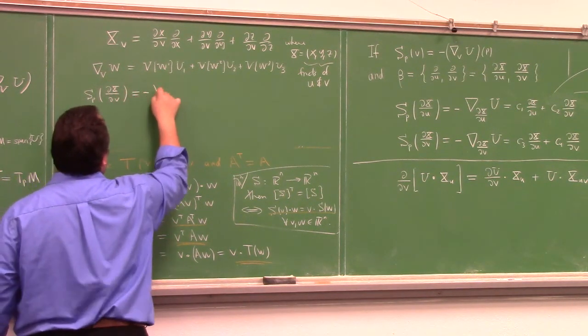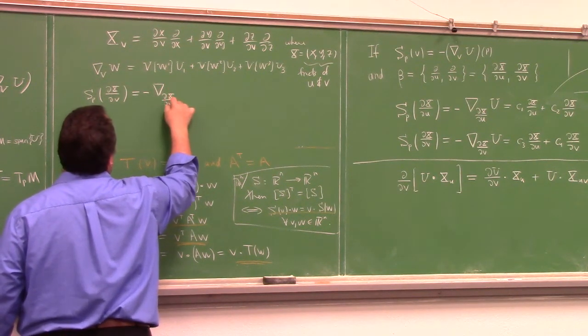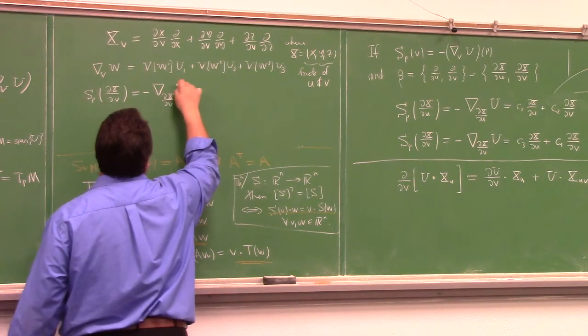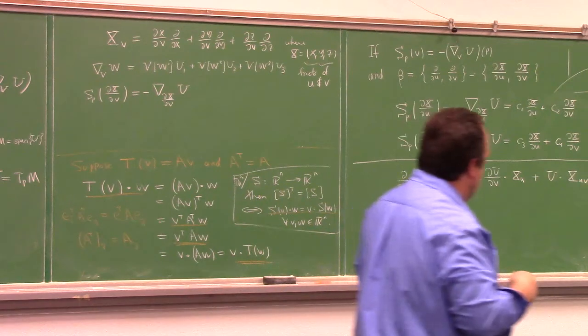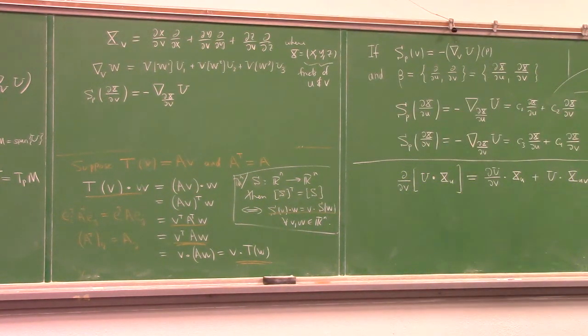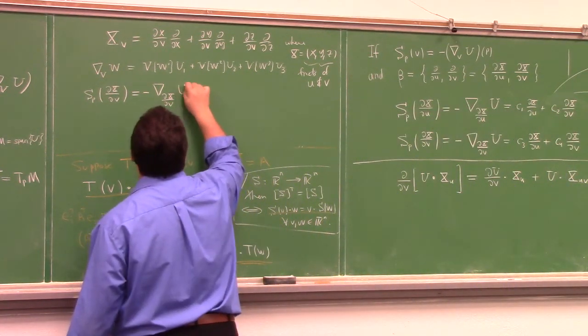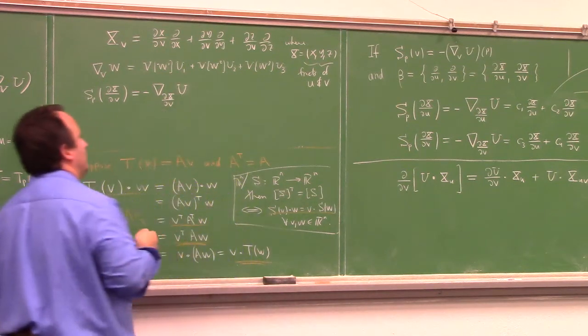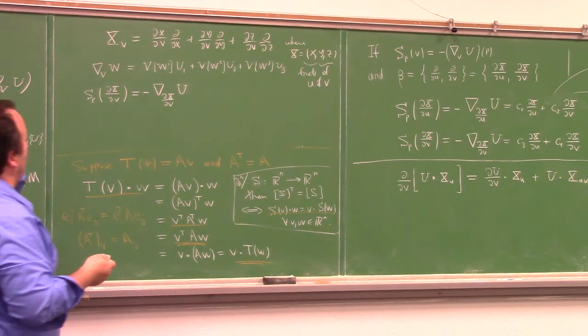That's minus the covariant derivative, partial x partial v, of u. So how's that go? Yes.